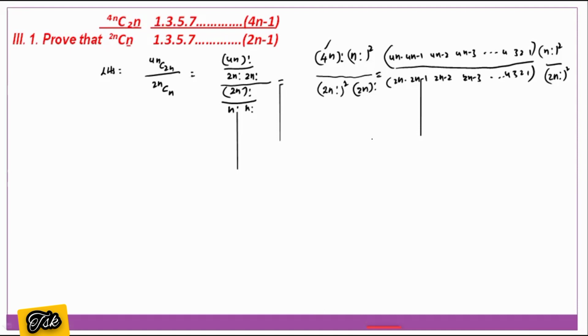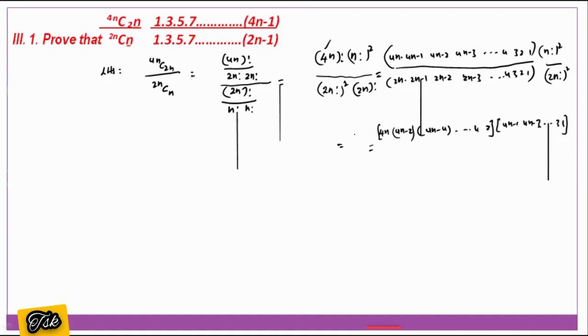Here, the value of this is 4n. When you take 4n, (4n minus 2), (4n minus 4), and so on, 4, 2 as one part, and the remaining is (4n minus 1), (4n minus 3), and so on, 3, 1.